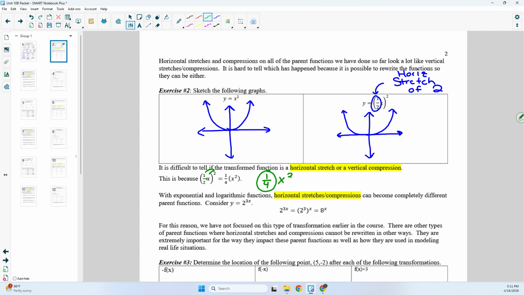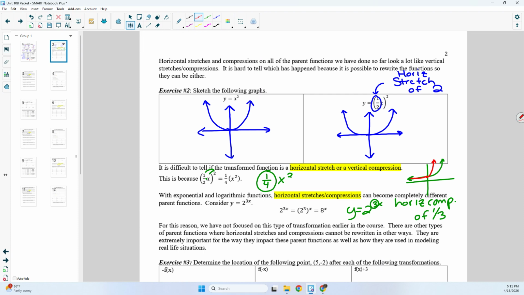With exponential and logarithmic functions, we have a similar thing where, because we can have lots of different parent functions, if I do this graph, now we have a number bigger than 1, so that would be a horizontal compression of 1/3. Okay, so we would be compressing the graph. Here's 2 to the x, let's say.